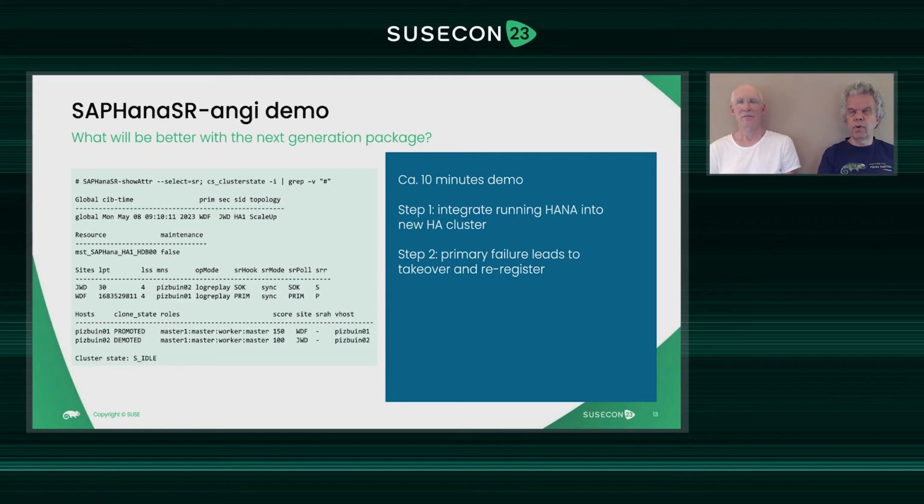We have prepared files for that, so you can easily see, if you follow our concept, how easy it is to integrate the running HANA into the cluster without restarting any of the primary or secondary sites. In the second step, we will show how a primary failure leads to a takeover triggered by the cluster and a re-register of a former primary. And with that, we jump right into the demo.